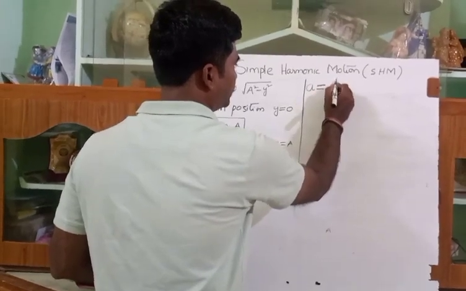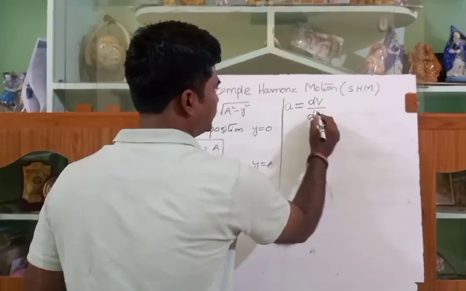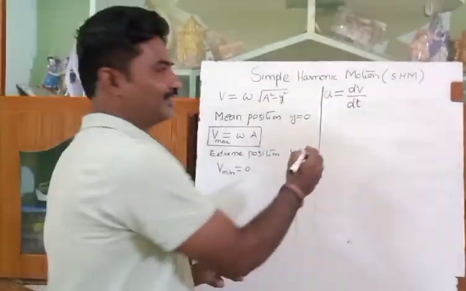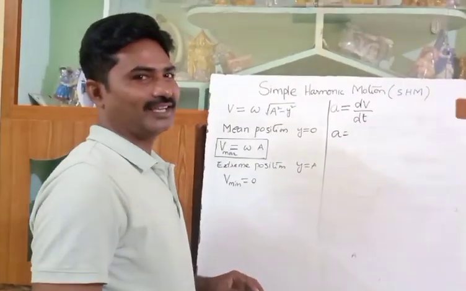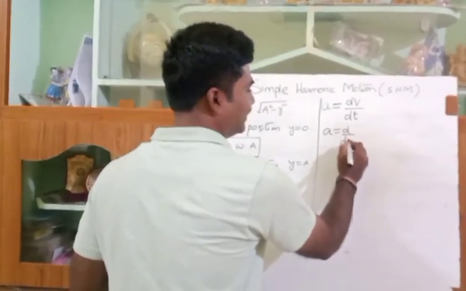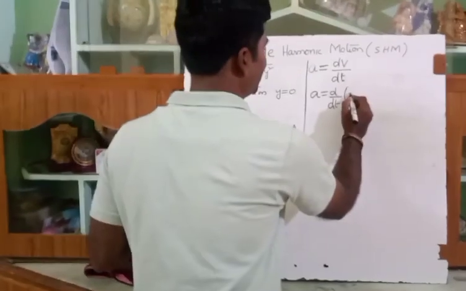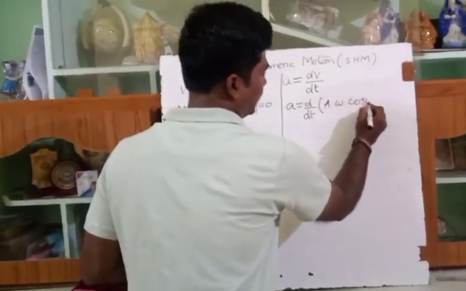What is acceleration? Simple. The rate of change of velocity is known as acceleration. a is equal to dv by dt. What is v? We just derived it: a omega cos omega t.